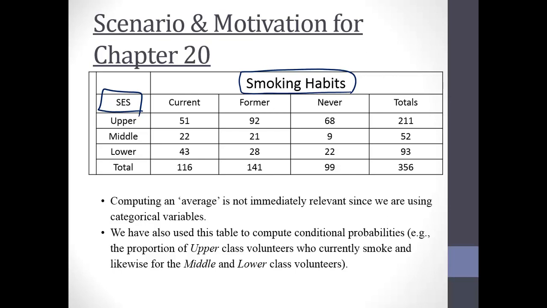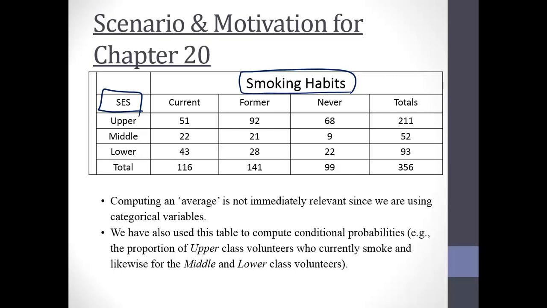If we're trying to estimate something about this data, computing an average is not what we need to do, right? I can't say anything about the average number of people who are former smokers or something like that. Because I have a categorical variable, remember, I'm looking at categories of things. It's not a numerical variable. I can't just compute an average.